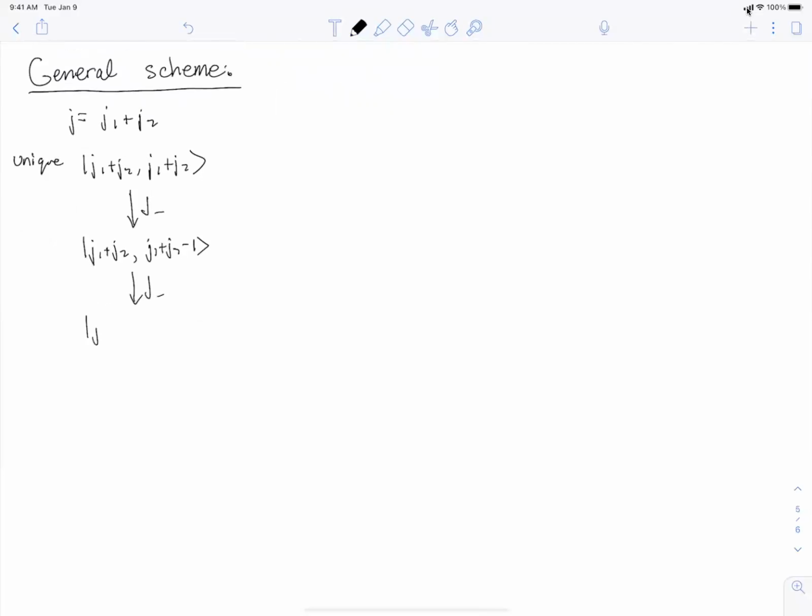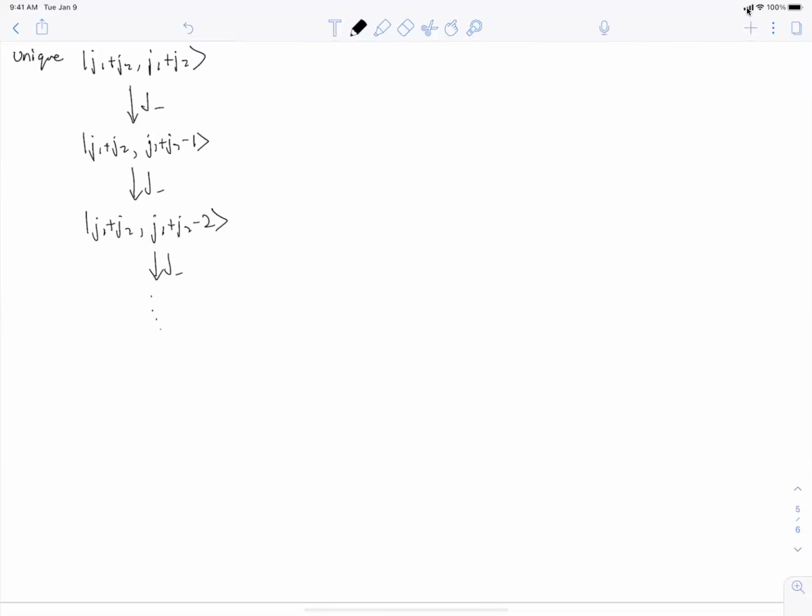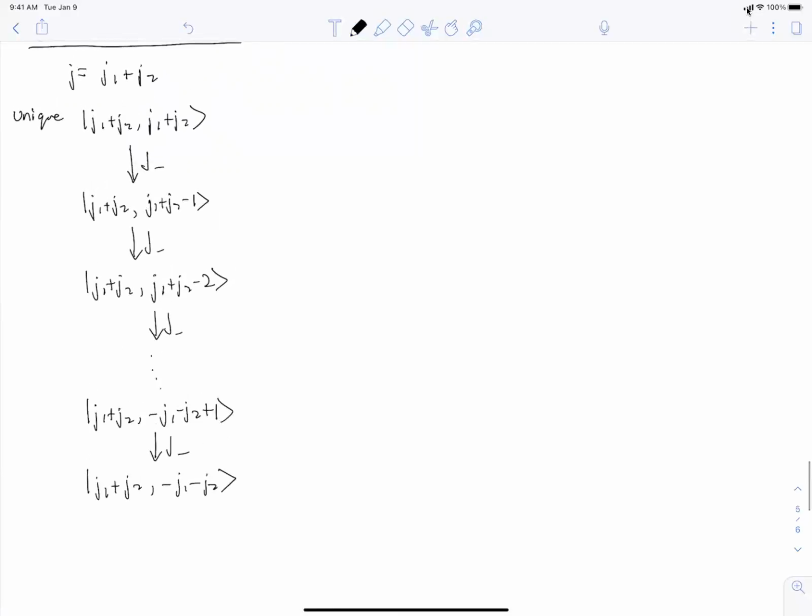It lowers the M value again, one more. Okay, you keep acting with J minus over and over again. You get to J1 plus J2 minus J1 minus J2 plus 1. You act with J minus one more time, and you get J1 plus J2 minus J1 minus J2. That's where you can do a nice check to make sure it's the right answer. Okay, and so you're done with that column.